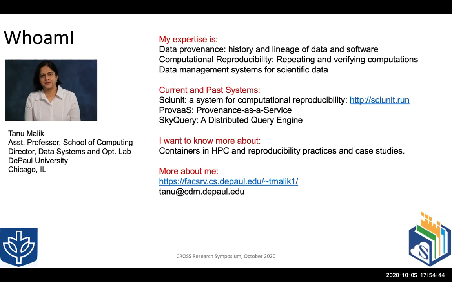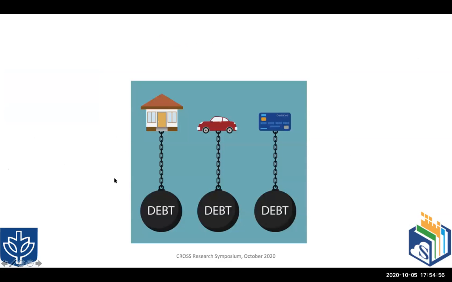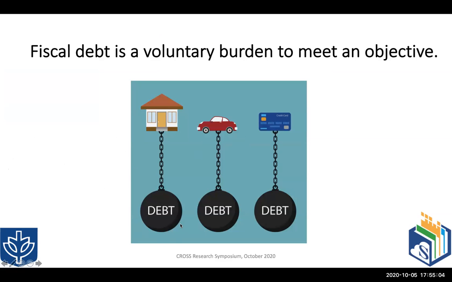But before I present PSI Unit, let us ask the question, what is technical debt? We all are familiar with fiscal debt on commodities, such as a house, a car, or a credit card. A fiscal debt is a weight or a burden that we choose to carry to meet an objective.